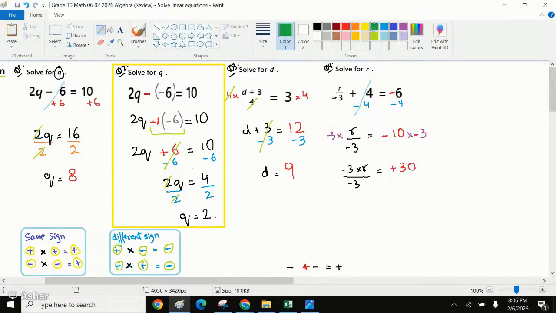Minus 3 cancels out with minus 3, and R comes out to be 30 as your final answer. Agreed?